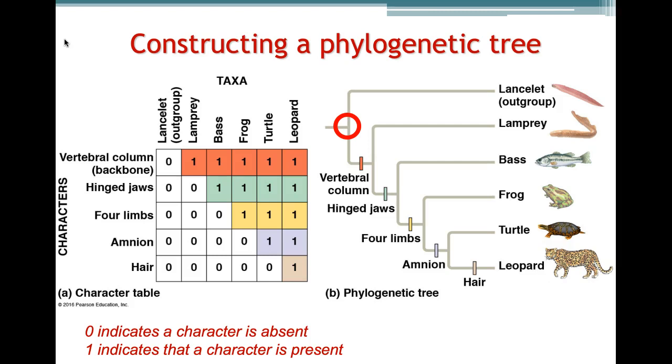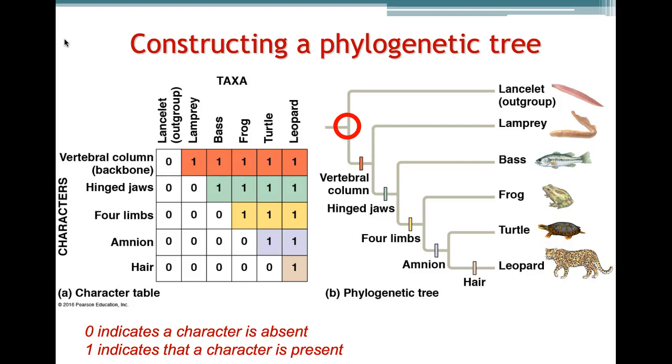For four limbs, again, the outgroup doesn't have it, another organism doesn't have it, and then yet another one, and so on until at the end, whatever the last trait is, typically only one organism or one type of species is going to have that characteristic. It doesn't always have to be just one, but usually it's one group. So in this case, hair, we're just talking about the leopard.